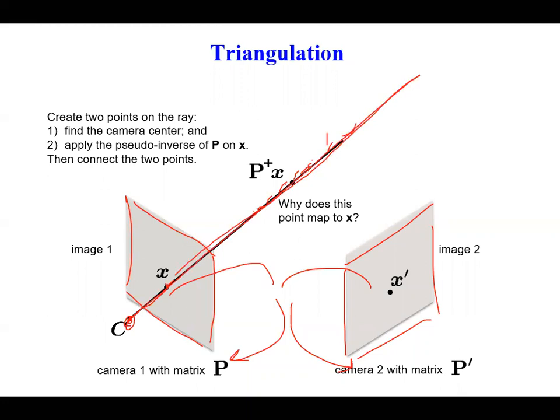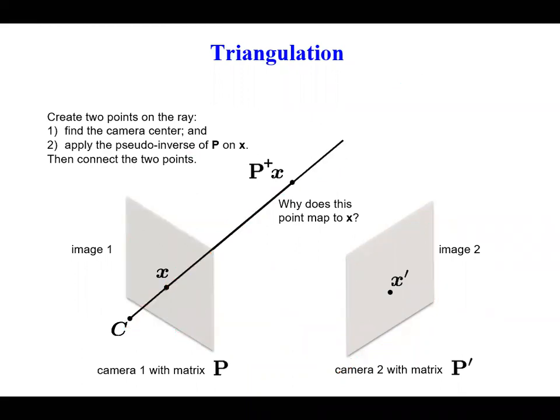Now I understand that I will have the line, but my point can land at any of the points inside the line. How can I get this in particular? For instance, just apply the pseudo inverse of P on x, then connect the two points.